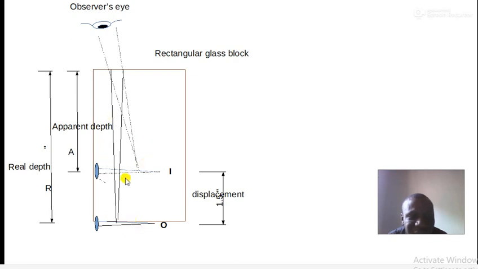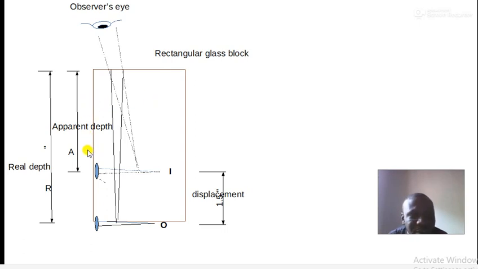So the image at I is closer to the top surface. As you can see, this is the top surface, or the layer separating air, which is this, and glass, since this one is a glass block.